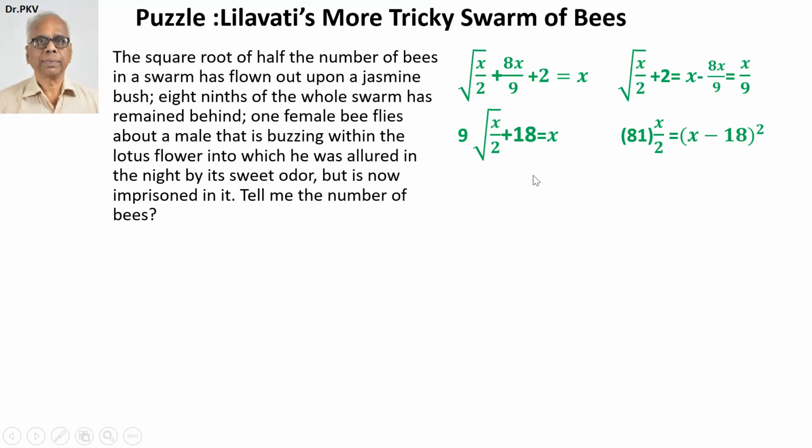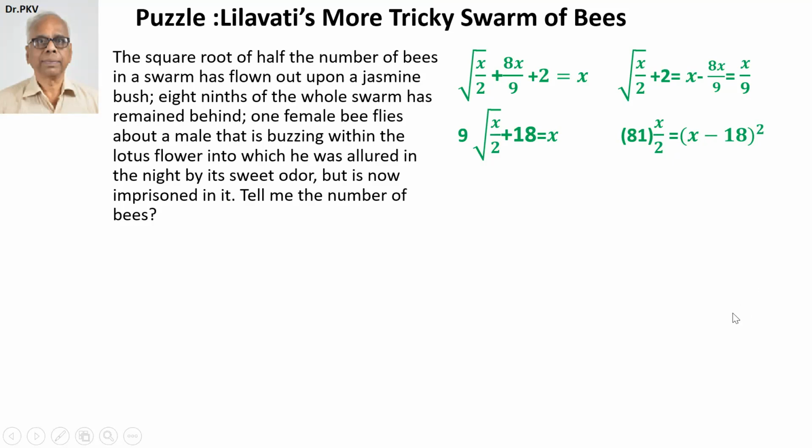Now, bring this 18 to the other side, it will become X minus 18, and then square both sides. 9 will become 81. Root of X by 2 will become 81 into X by 2 is equal to X minus 18 whole square.